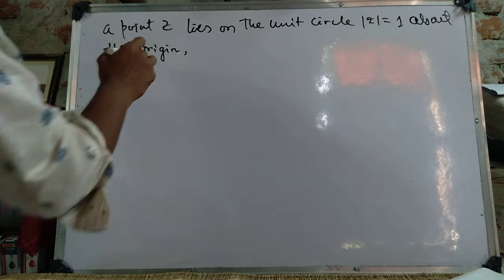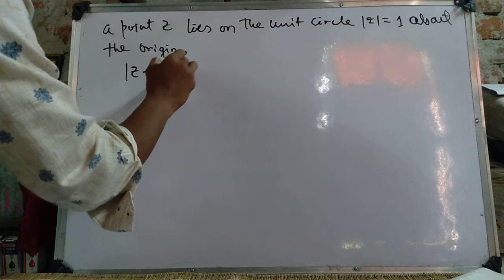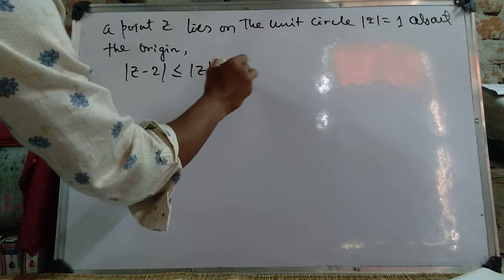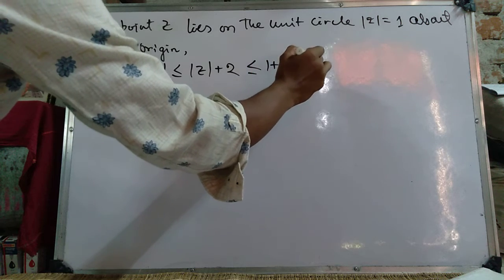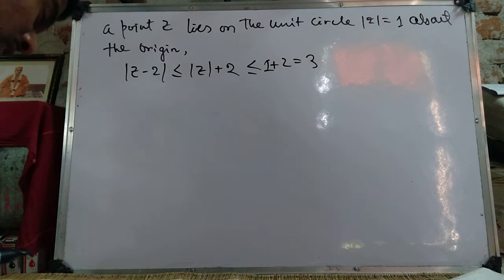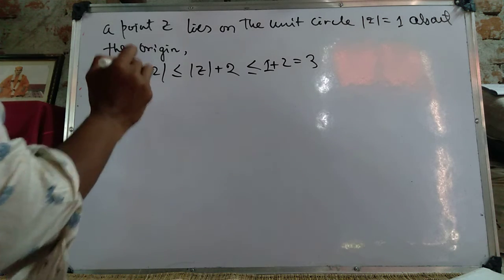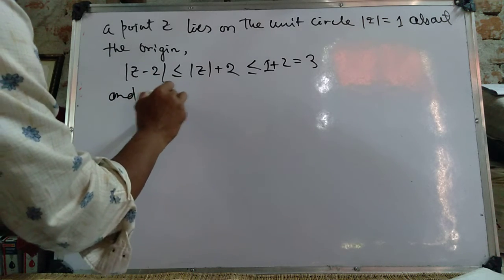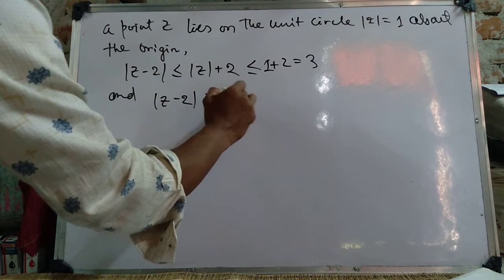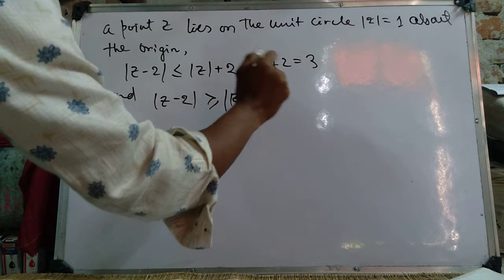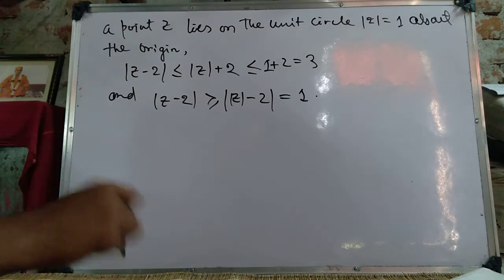Then we get |z| ≤ |z + 2|, and again we get |z| − 2 ≤ |z − 2|, with |z| equal to 1.